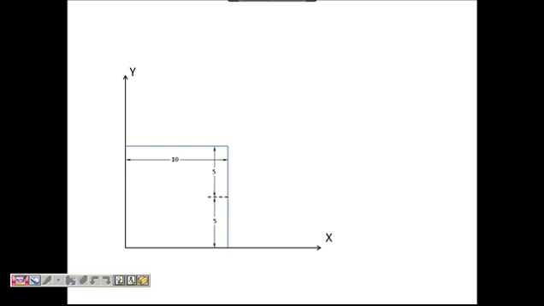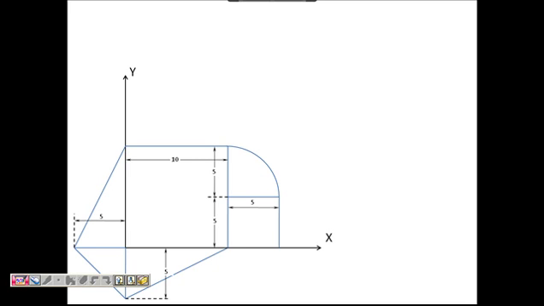So the best way to tackle this is if I take an example and take you through the process of solving. Let this be the x and y axis, and let there be a square 10 by 10, and to this add another square 5 by 5, and then I add a quarter circle, and then a triangle, and then one more triangle, and then one more triangle at the bottom, and one more semicircle.